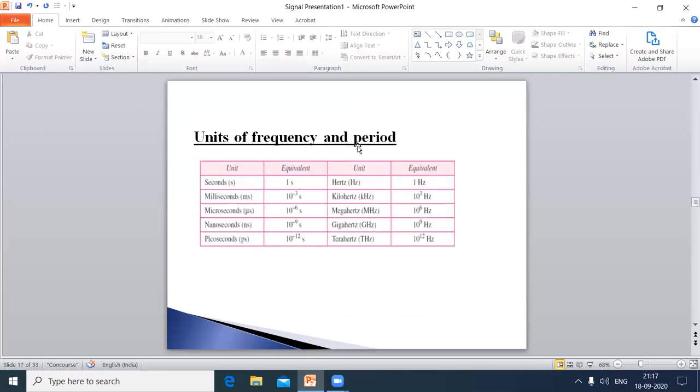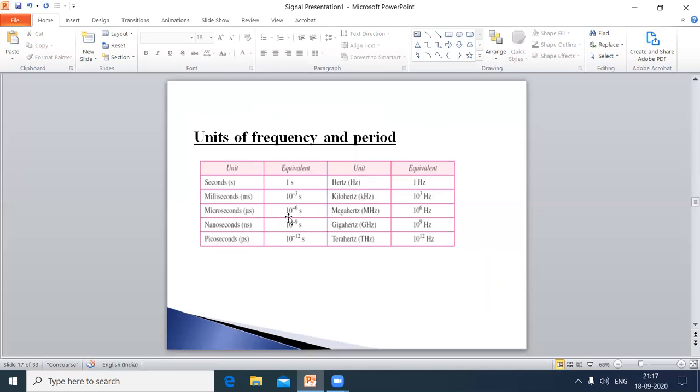Units of frequency and period. Period of 1 second corresponds to a frequency of 1 hertz. Millisecond, 10 to the power of minus 3 seconds, corresponds to kilohertz.